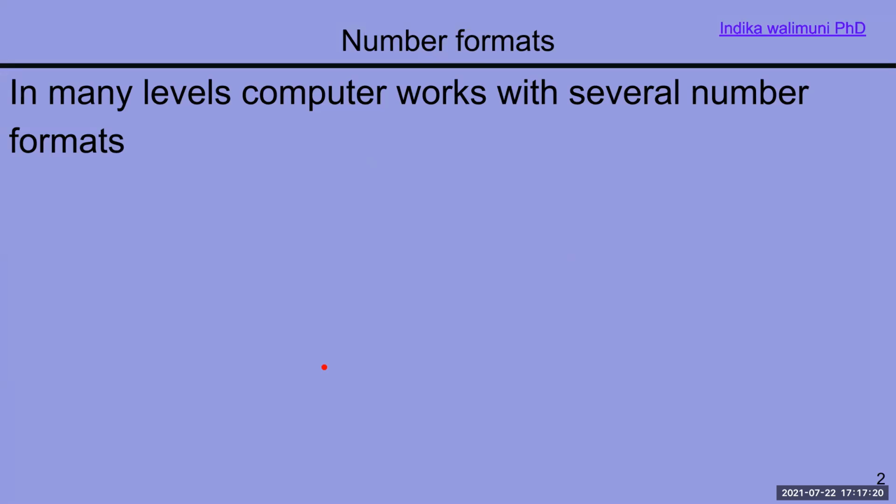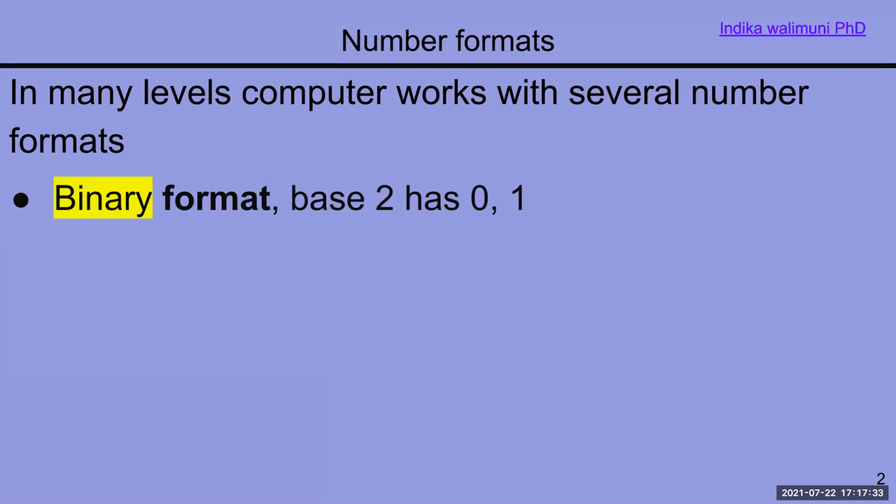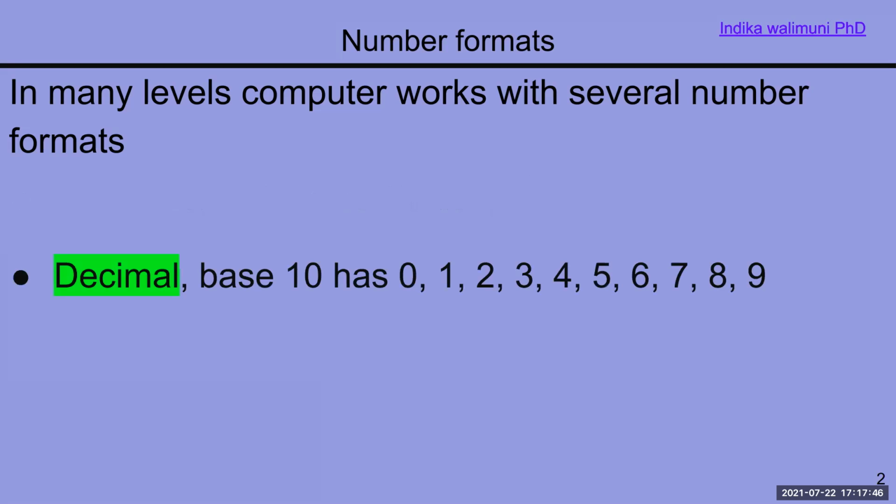Before we go into details about reading and writing binary files, let's first go over some number formats that the computer uses. Binary, the core number format the computer deals with, is base 2 and has 0 and 1 as digits. Decimal, the regular number format that we use, is base 10, and we have digits 0 to 9.